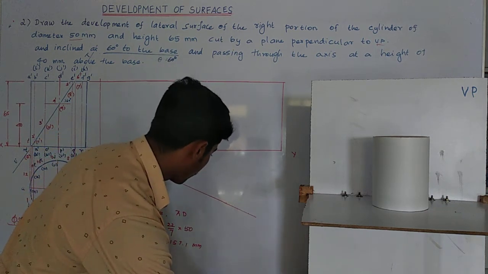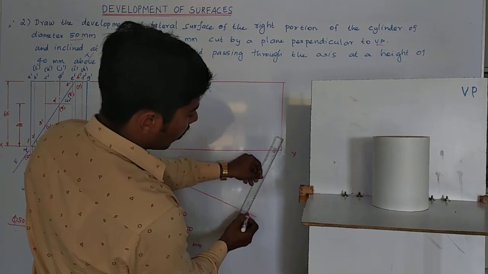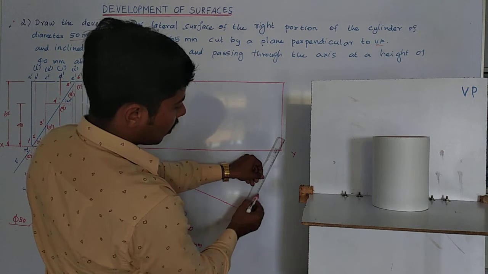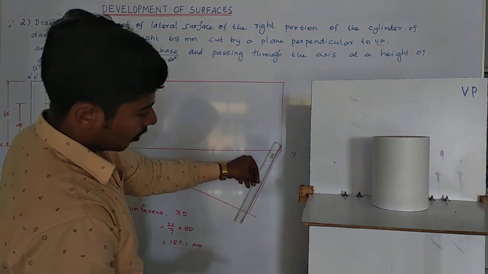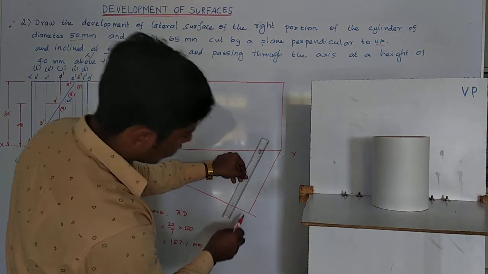Okay, all the points. So 12 points I keep. Then the first and the last segments I connect. Then draw parallel lines to this line through all the points.